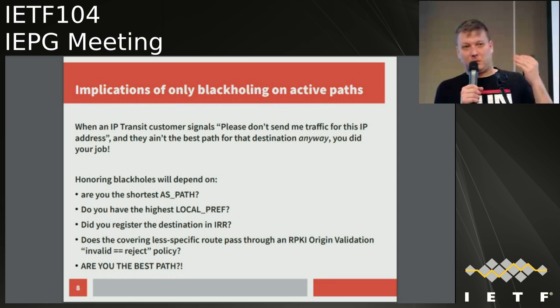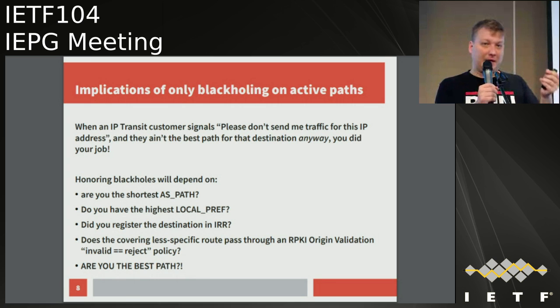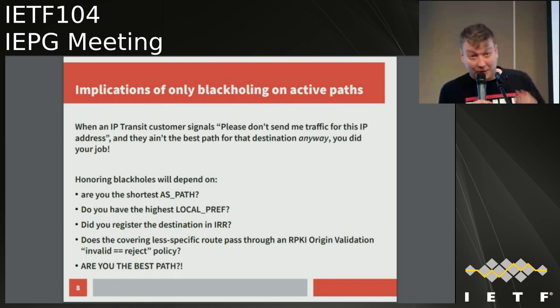This trick, where we make black hole validation depend on the next less specific route, also causes us to enjoy the benefits of any type of filtering we do at our edges, like bogon filtering or RPKI origin validation or IRR-based filtering. In other words, you have to put in effort to become the best path.